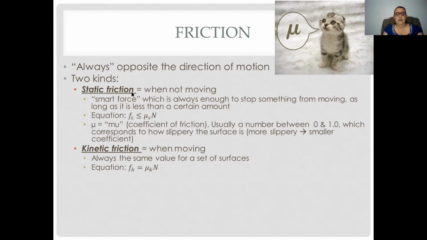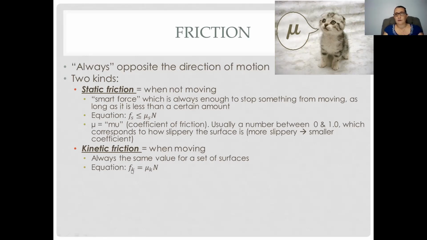The equation you can see is very similar to the equation for static friction. We have a subscript k now because we're dealing with kinetic friction. And in this case, it is equal as opposed to less than or equal to. That force of friction is going to be the same no matter how fast it's moving or how strong you are pushing.